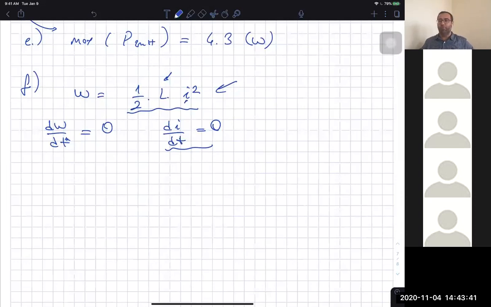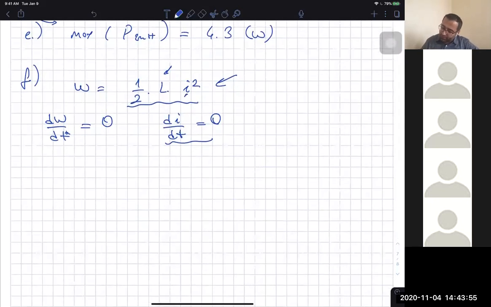Is this okay for everyone? This is really important. It's clear to me. Okay, perfect. So when do you get this thing equal to 0 then? The next question is, can we try to intuitionally understand what happens when di/dt is 0?